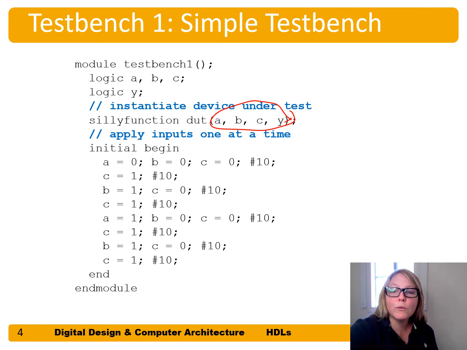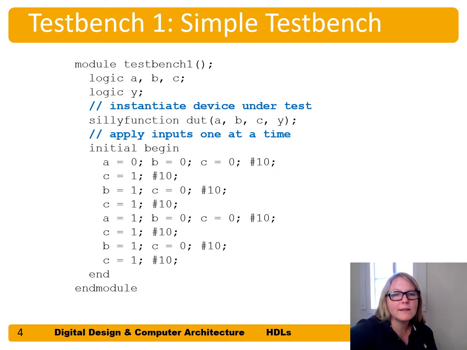And now we probe these input values, A, B, and C. So we set A, B, and C all to 0 to start with, and then delay 10 ticks in simulation. Again, remember this is just simulation, and test benches generally are just for simulation. They cannot be synthesized. A, B, and C are 0. We delay for 10 ticks so that we can see the output on the simulation waveform.